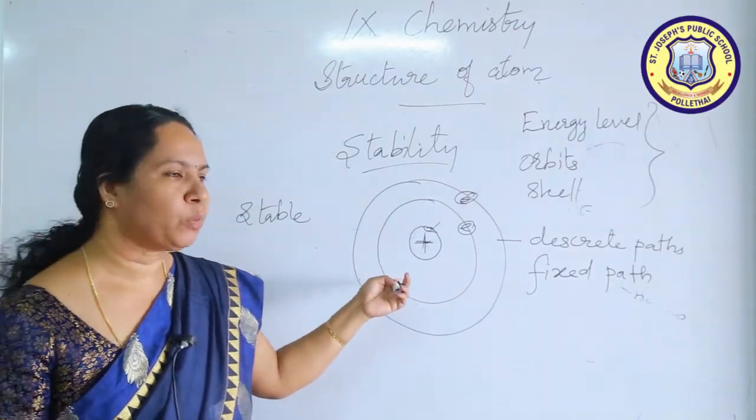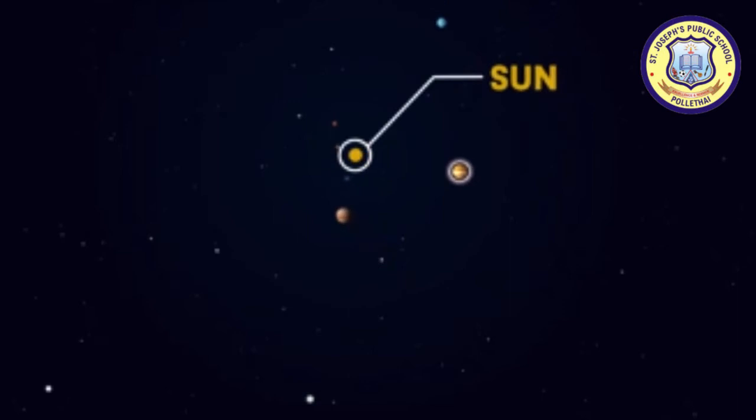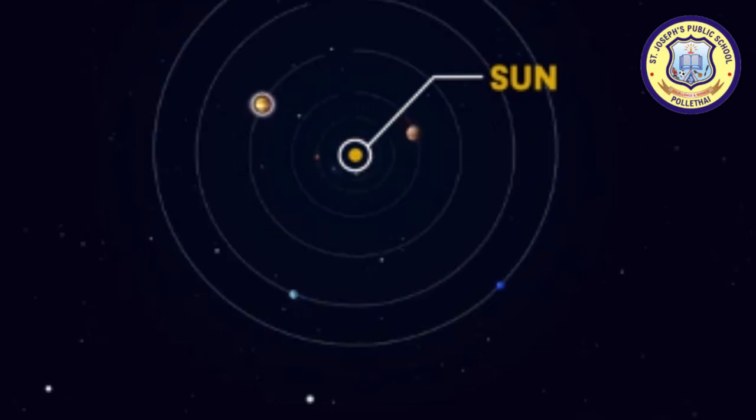We can compare this model with the solar system. What is the center of the solar system? Sun is the center and other planets are revolving around the sun, isn't it? Even though they are revolving, they will not collide with each other. Why?